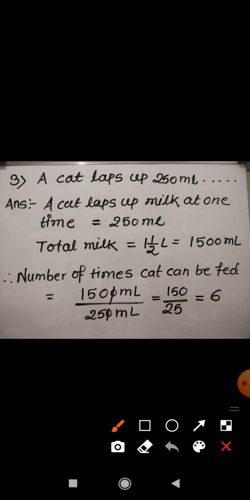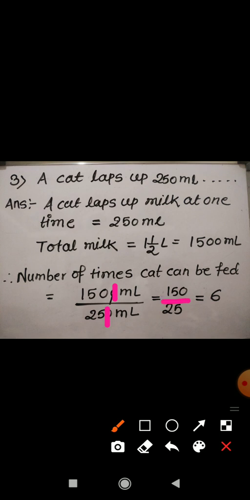You need to divide the total quantity of milk by the quantity of milk drunk at one time. The total quantity of milk is 1500 ml, and how much milk does the cat drink at one time? 250 ml. So let us divide. Children, if you divide these two numbers, the last zero will get cancelled with each other, right?